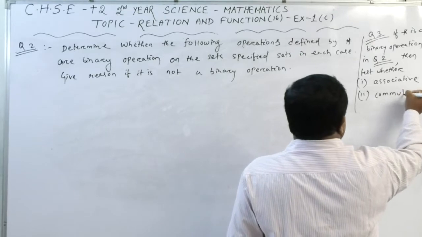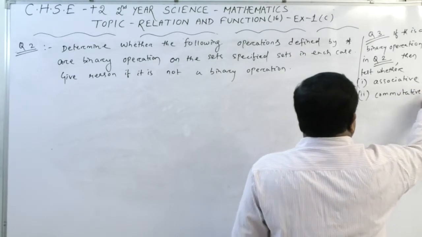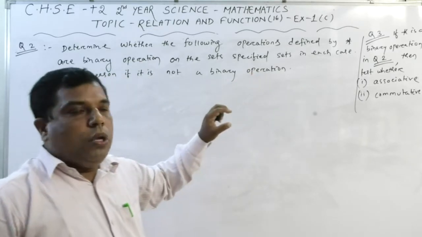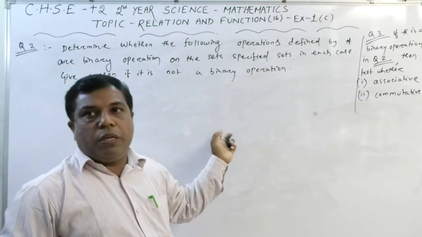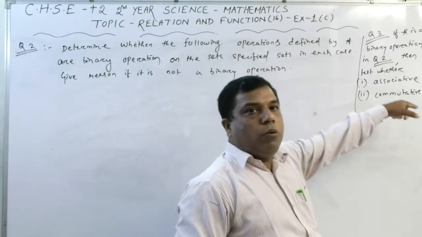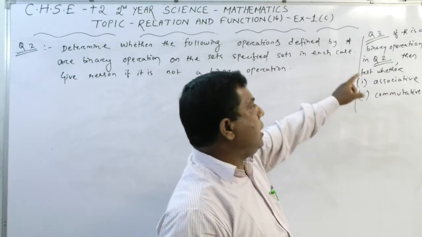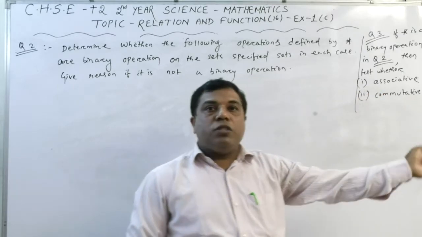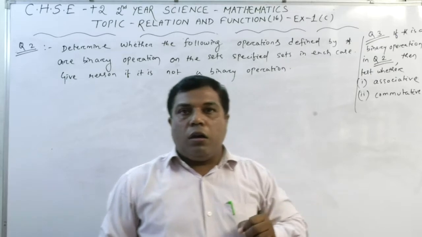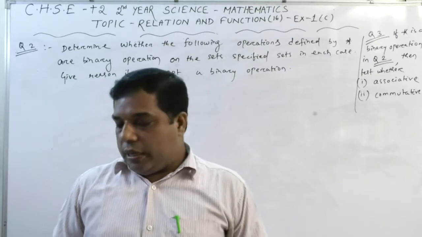That means in question 2, we have to check whether it is a binary operation or not. If it is a binary operation, then we will move to question 3 and we have to check whether it satisfies the associative law or not, and whether it satisfies the commutative law or not. That we have to check.